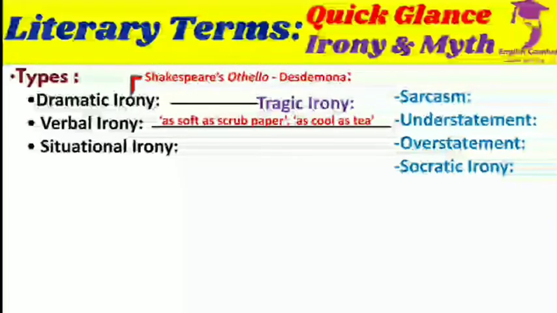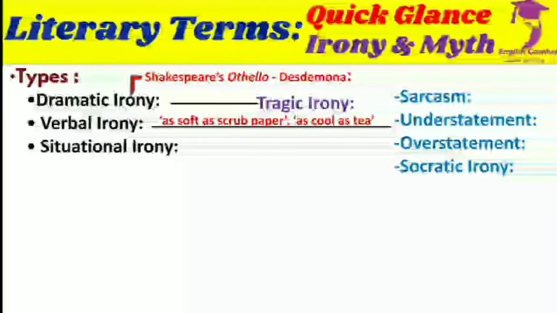There are contradictions present in that particular situation, and that is called situational irony. Friends, in short, situational irony is that in which something exactly opposite to audience expectations or exactly opposite to our wish occurs, and that is an example of situational irony.